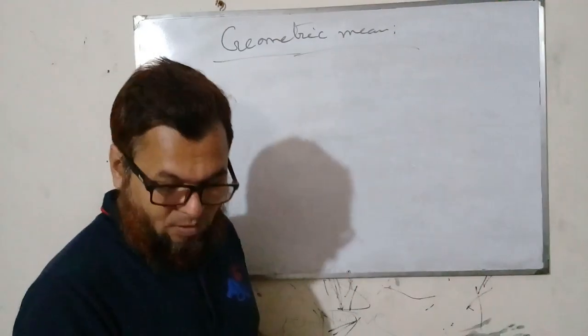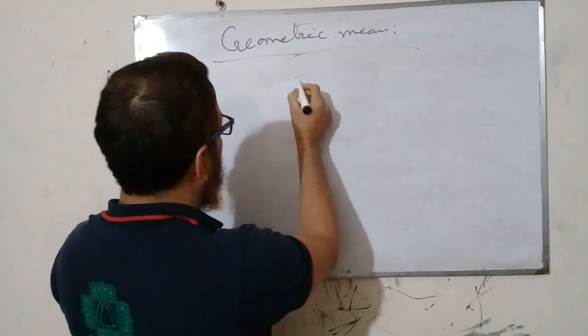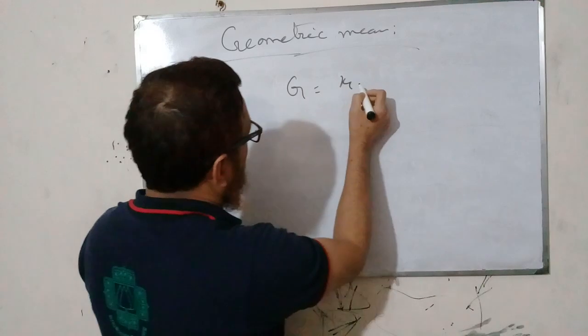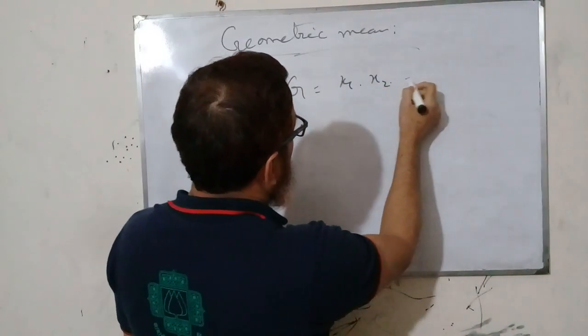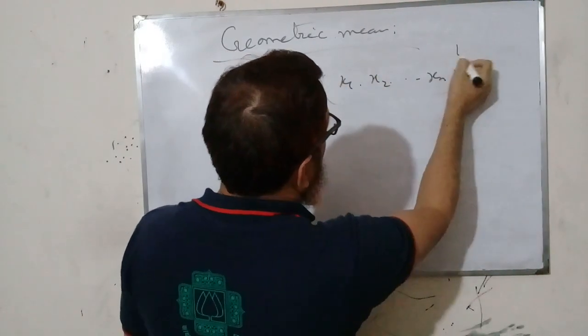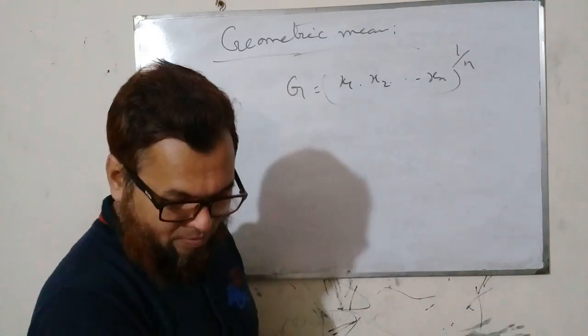That is, symbolically we can write G equal to (x1 x2 up to xn) to the power 1 by n.